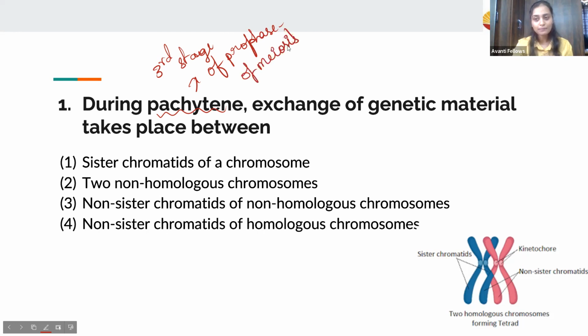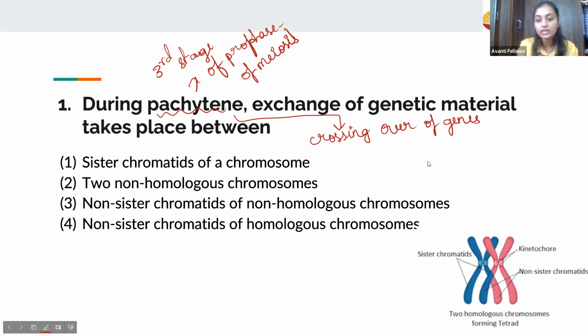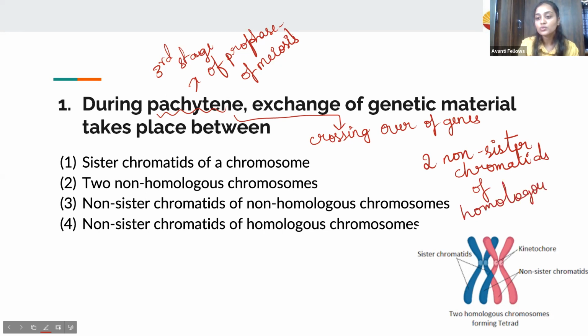So what happens in this process is that there is crossing over of genes. Crossing over of genes happens at this stage of prophase. So that means there is an exchange of genetic material taking place between two non-sister chromatids of homologous chromosomes.